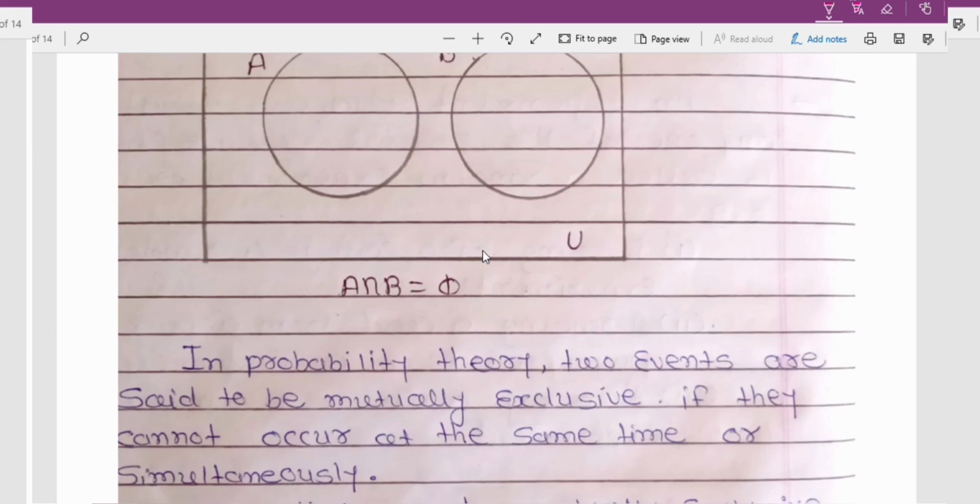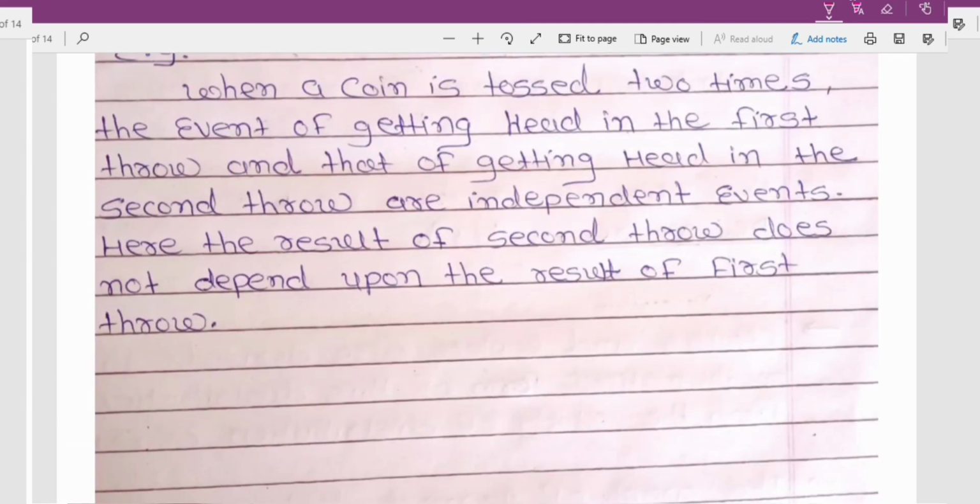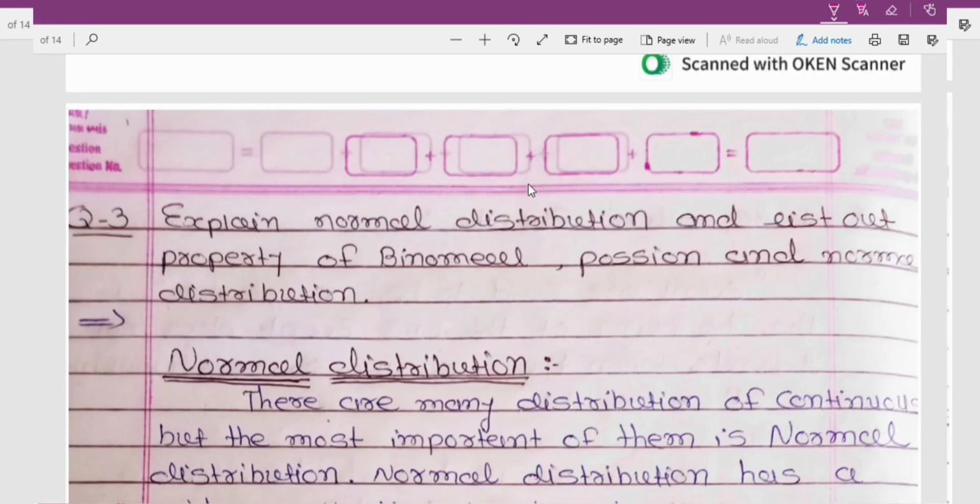And for the other two topics, mutually exclusive event and independent event, we can see question number 1. Now we can see question number 3.